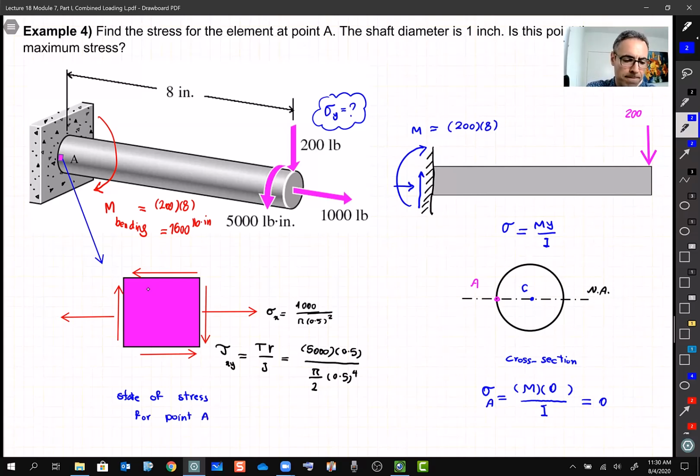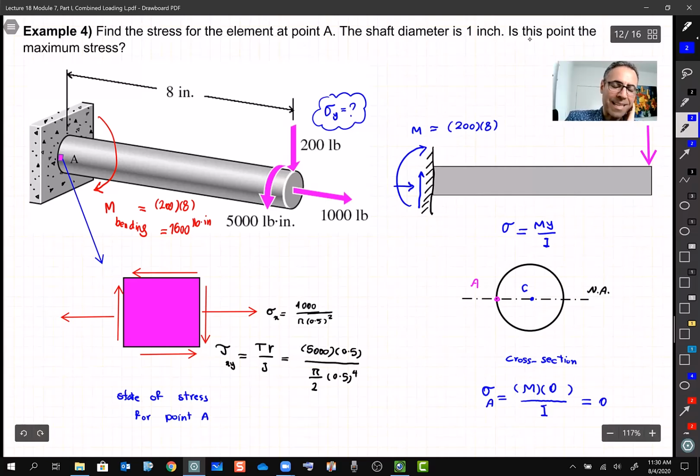All right? So now the question is getting a little bit tricky. It asks us, is this point the maximum stress? Or let me ask my question like this. If you build these things and you apply this load, at which point do you think it's going to start breaking or bending?